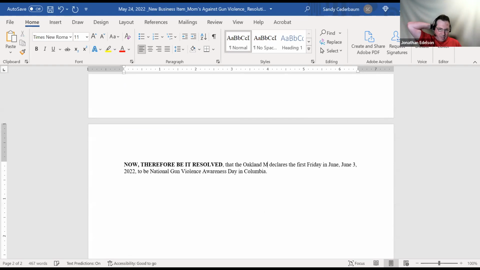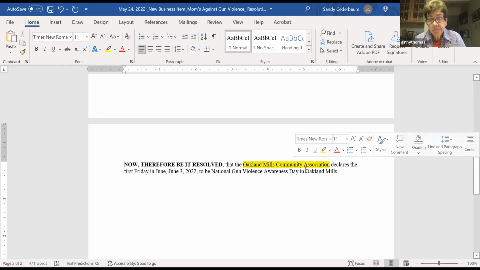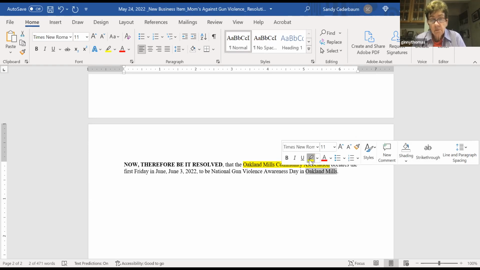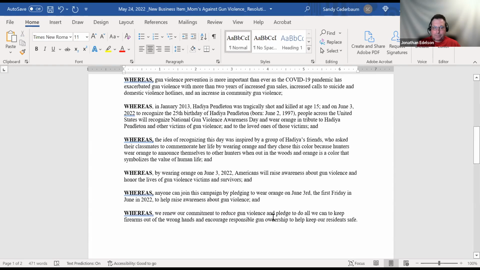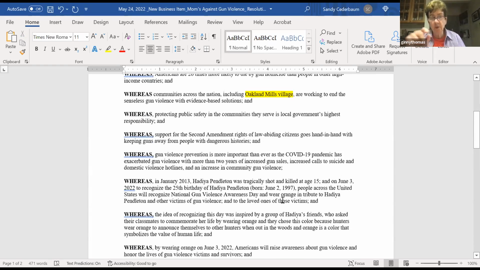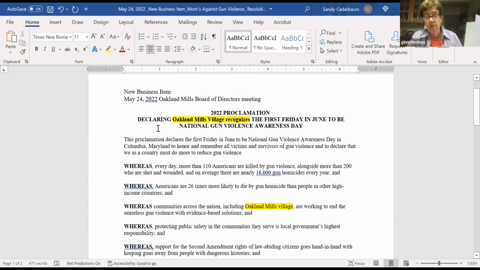And there, I think we can say that the Oakland Mills Community Association declares the first Friday in June 3rd, 2022 to be National Gun Violence Awareness Day in Oakland Mills. Those are good amendments, guys. I was thinking if some other village board wants to consider it, the one you have makes more sense for a village board, village, whatever. Yeah.